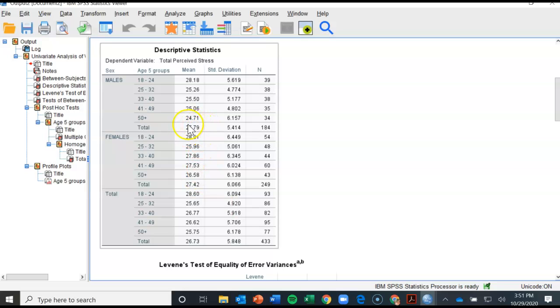If you take this overall value for males, so regardless of age, the level for males is, if you round up, 26. If you go, again, regardless of age, and you look at the mean value for females, it's about 27. So females appear to be reporting slightly higher perceived stress than males overall.